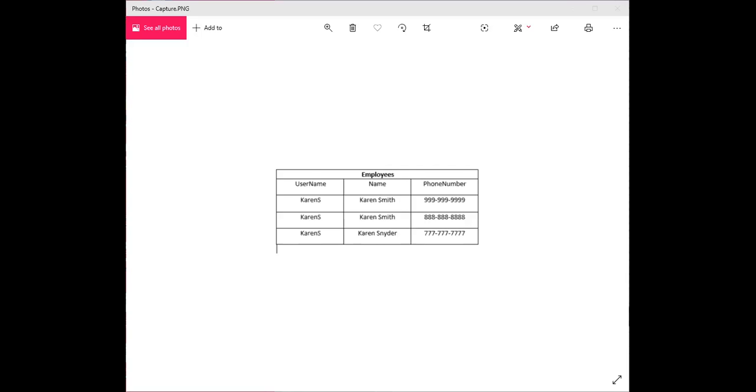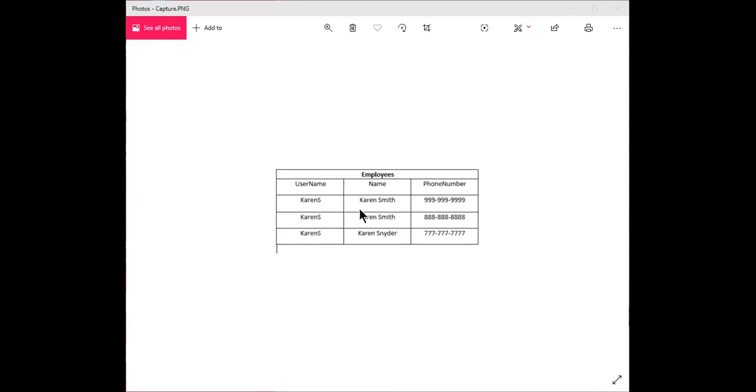Well, it looks like Karen Smith has 2 different phone numbers. The problem here is that there's redundancy of data, not only in the username, but also the name, okay? While it may be true that Karen S may be tied to Karen Smith and Karen Smith may have both these phone numbers, this causes data redundancy and causes a lot of problems in your database.